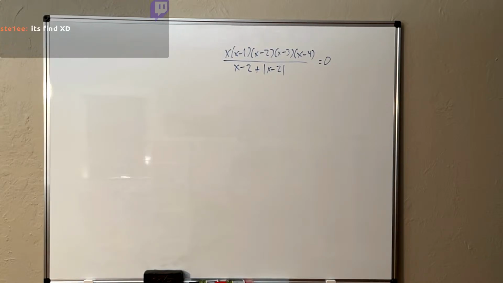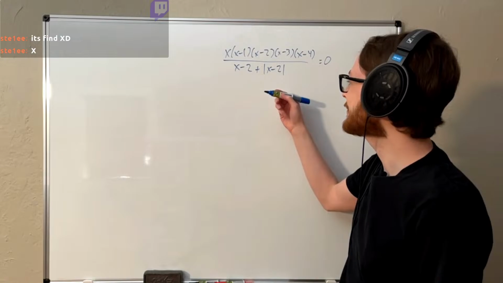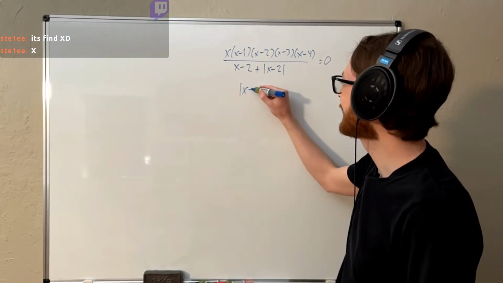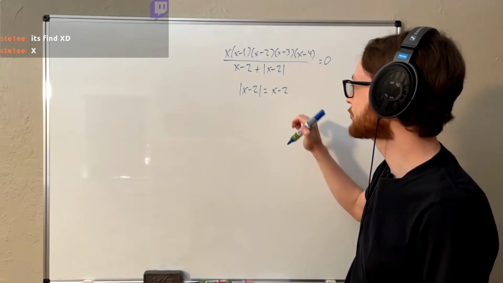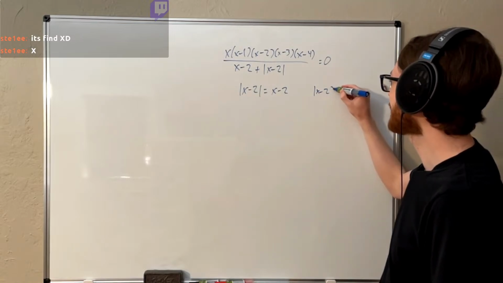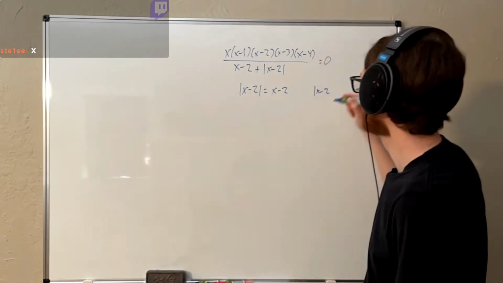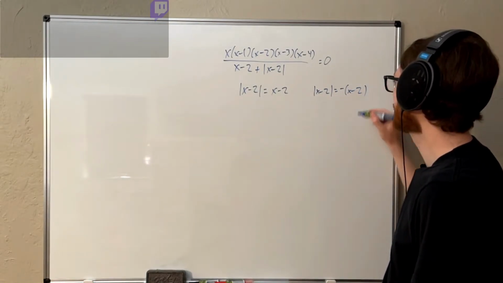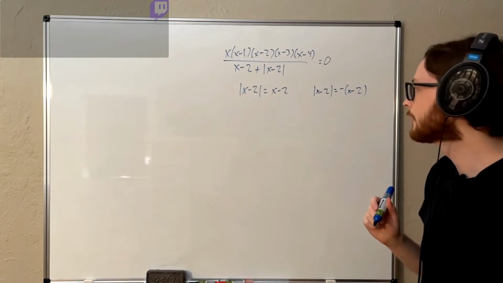Okay, yeah. So whenever you have an absolute value, you have to consider two cases. One where the absolute value of X minus 2 is the positive version, I'll say, even though X could be anything. Or one where X minus 2 has a negative sign in front. Because both of these will lead to the same result with an absolute value.